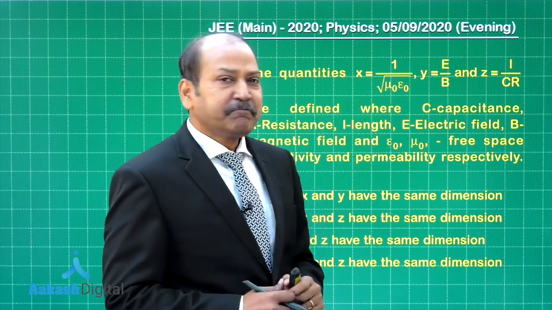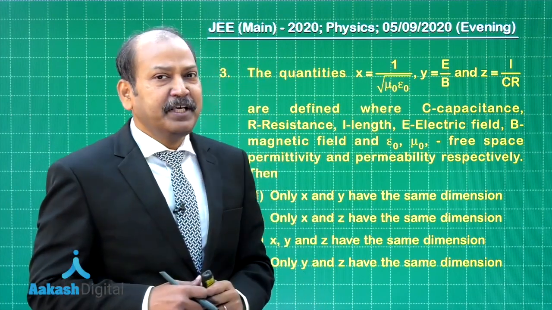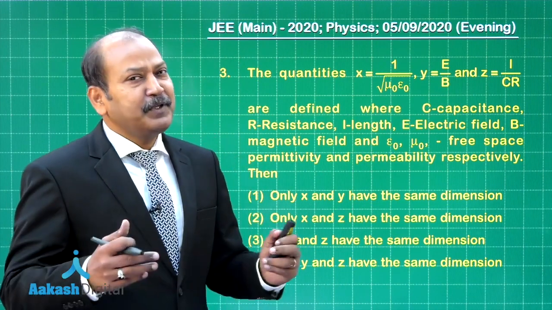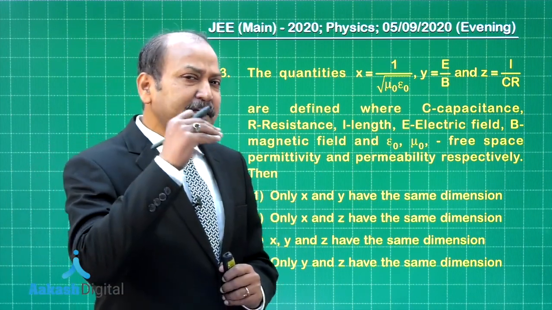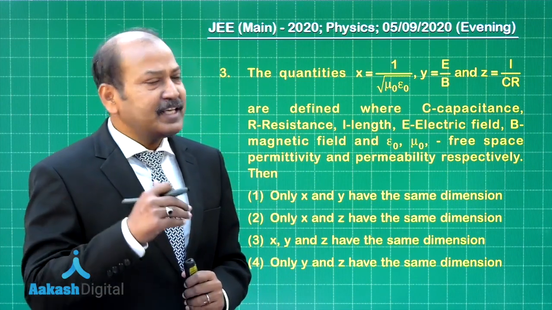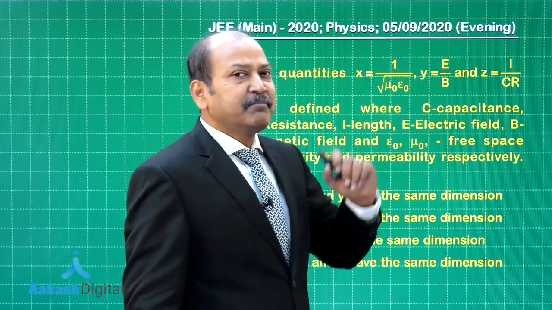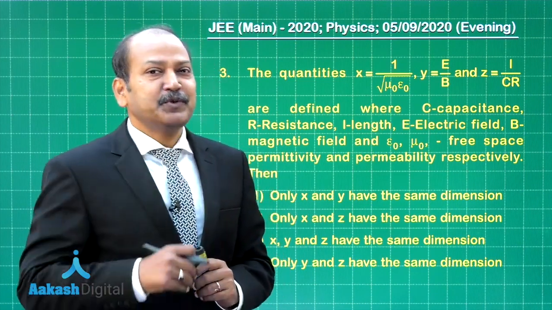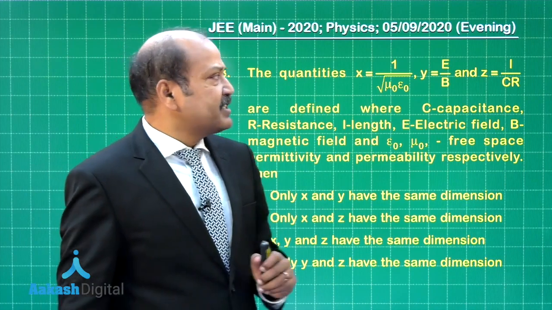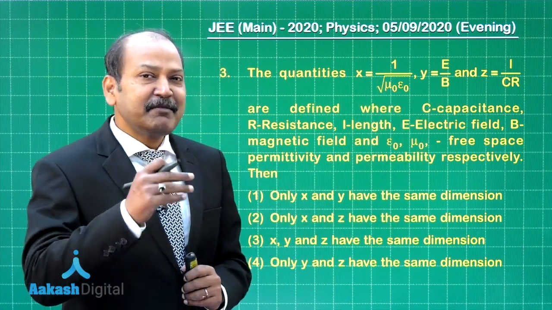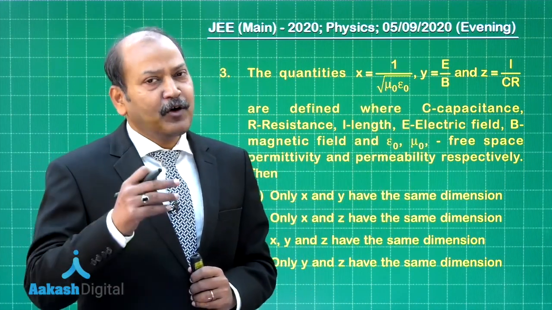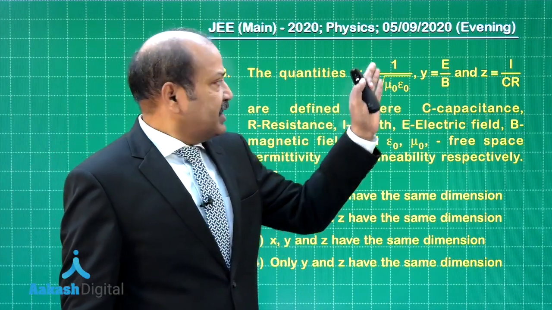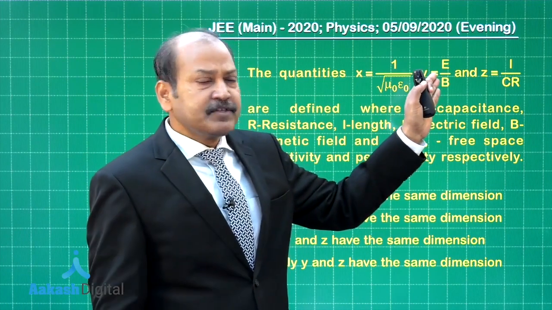What about y? y is E divided by B. Again in the same topic electromagnetic waves, we know that the magnetic field oscillation amplitude is given as E divided by C, where E is the electric field amplitude of oscillation. That means E by B also has the same dimensions as that of speed or velocity. So, this is the speed of light anyway, this also has the dimensions of speed.